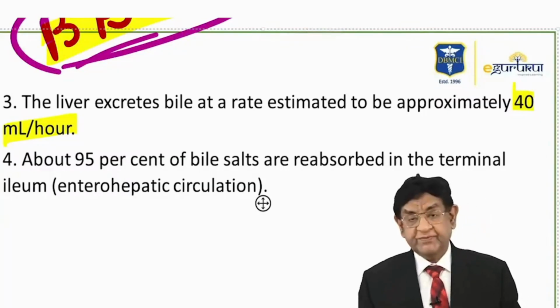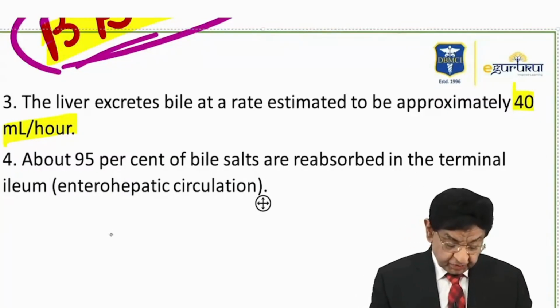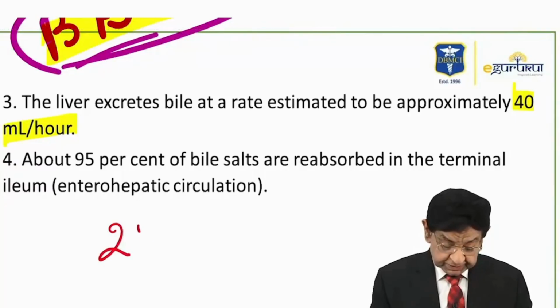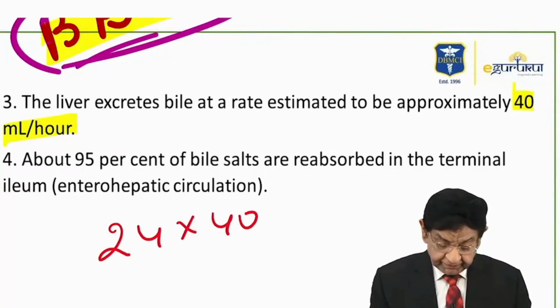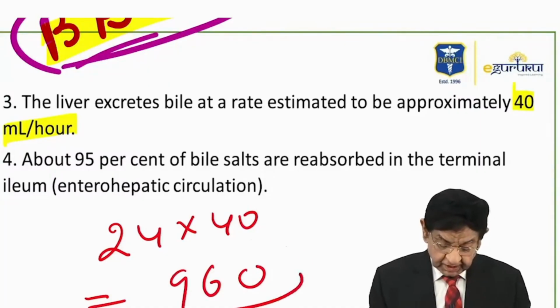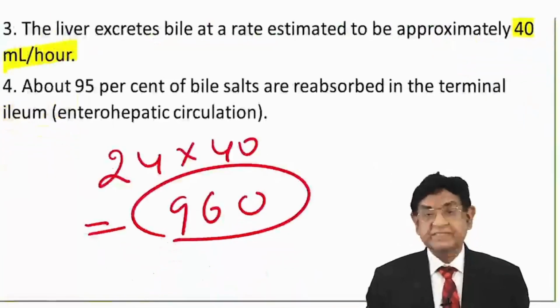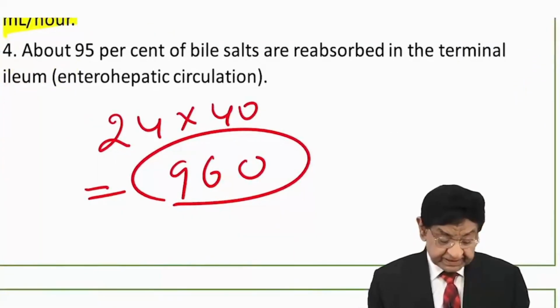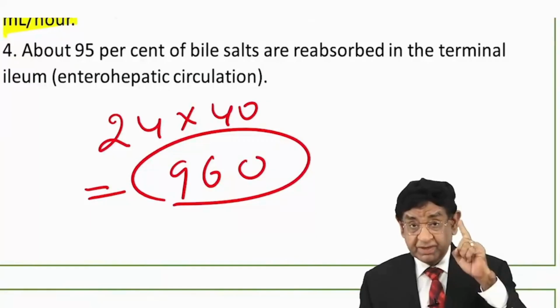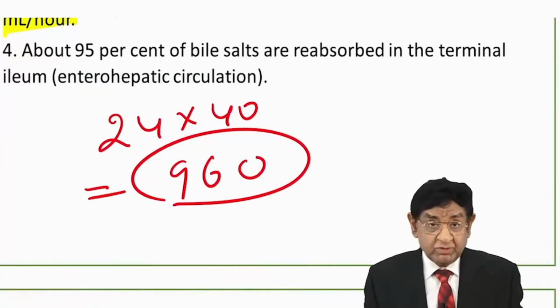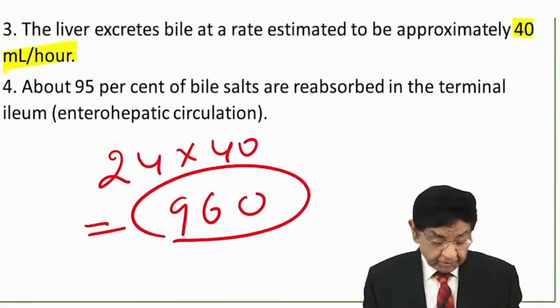Roughly, if I calculate for 24 hours, multiplying by 40 ml, around 960 ml, or 1 liter, is made in the liver. It's a huge amount, 1 liter, point to be noted.